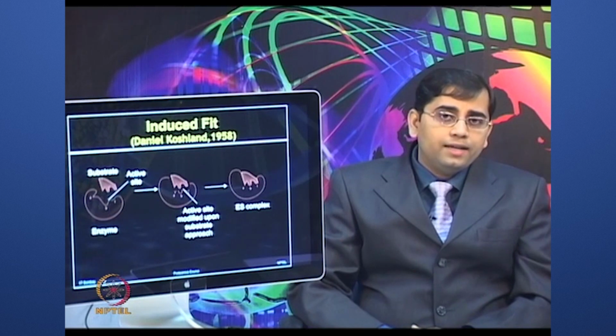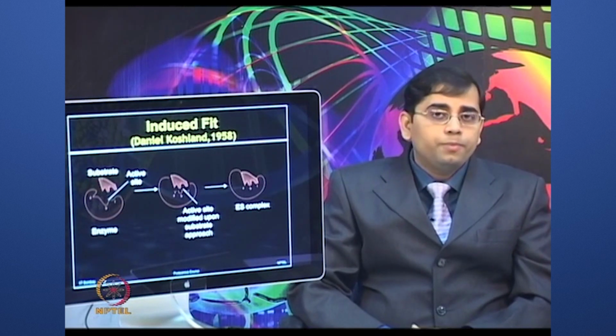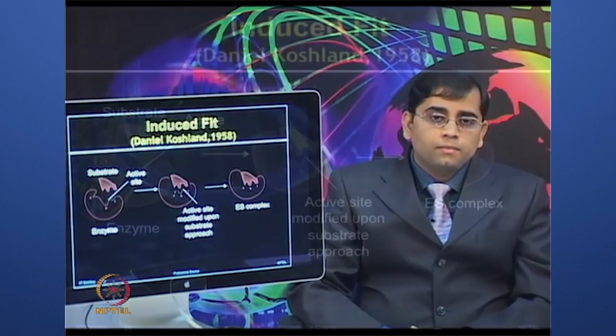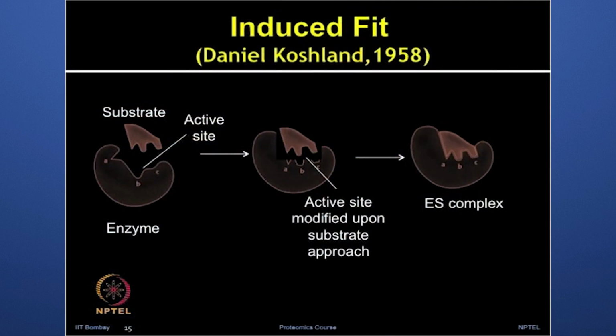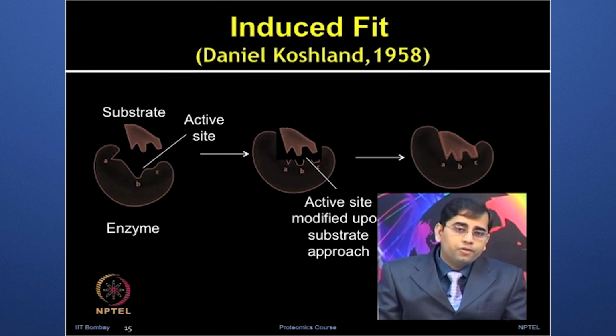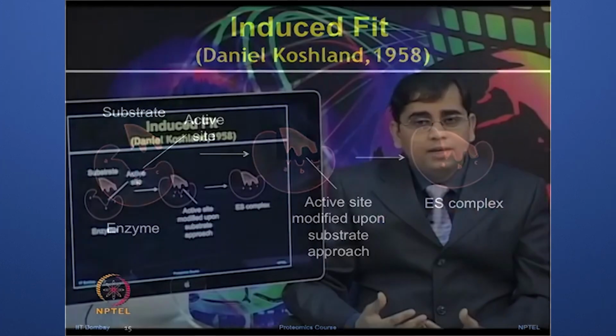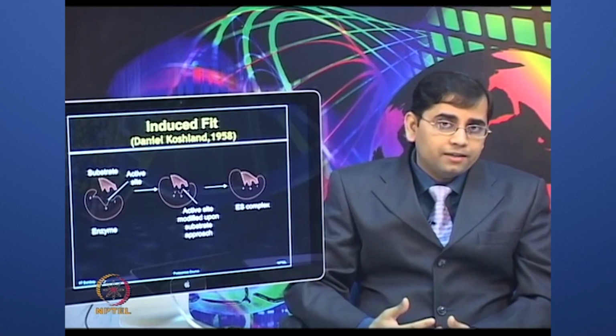The other model is known as induced fit, which was proposed by scientist Daniel Koshland in 1958. The active site forms a shape which is complementary to the substrate only after the substrate has been bound. So, the enzyme can change the shape of its substrate binding site. In this case, the substrate structure does not have to be specific to the active site of the enzyme. It can be dictated by the enzyme and the shape can be changed, which will be complementary for this binding.